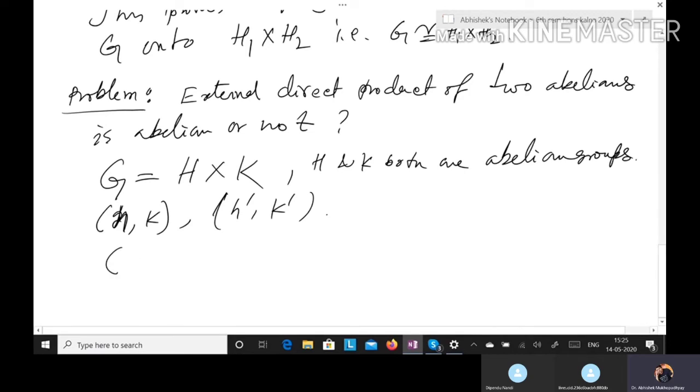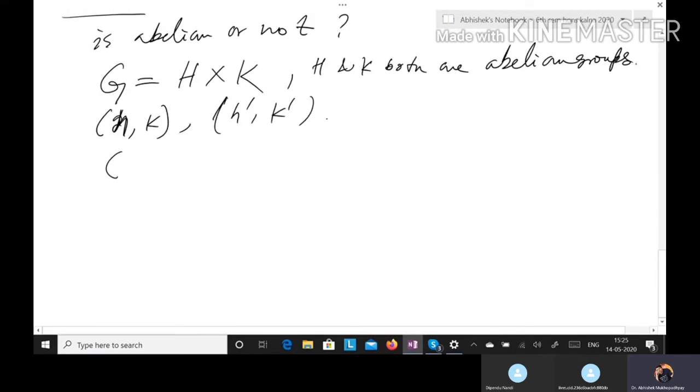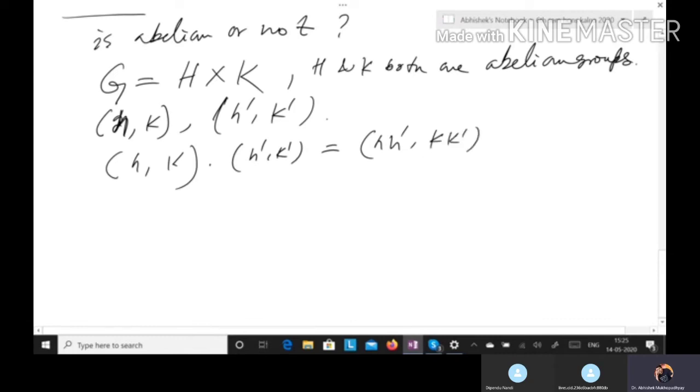Now do the operation between (h, k) and (h', k'), that is (h, k) · (h', k'). But we have already considered H and K to be abelian.